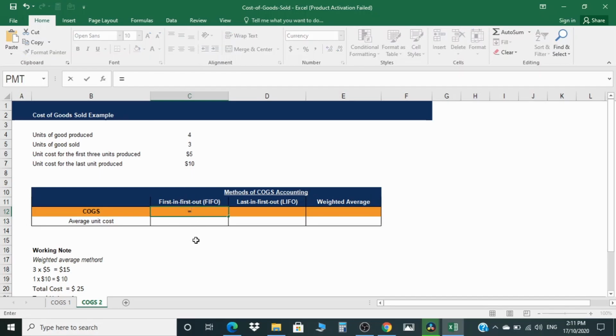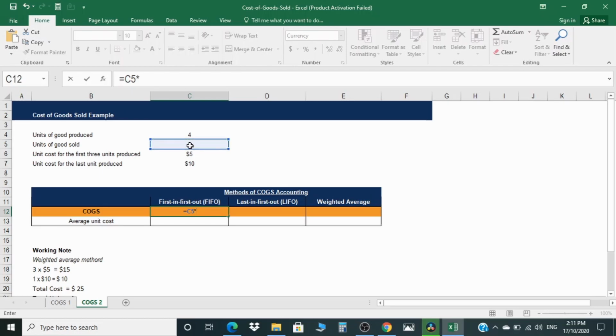The first in first out. As you can see here, there are 4 units and the units of goods sold are 3. So these are sold first, 3 units. You are selling only 3 units.